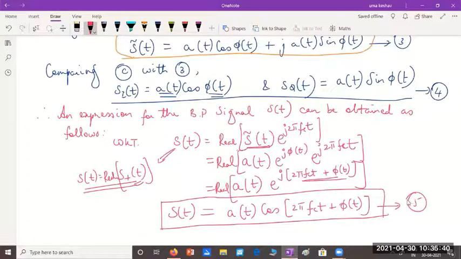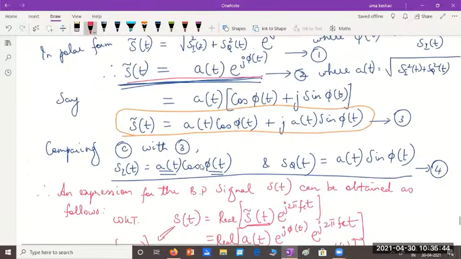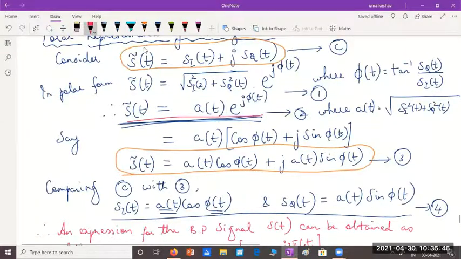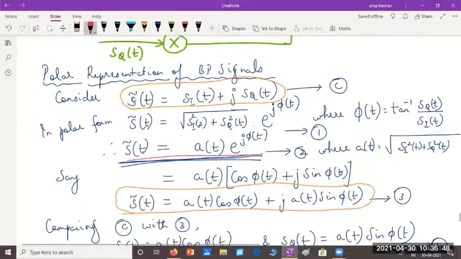Okay. So in this, we did two things, let me say. First, we wrote the complex envelope of the signal and we wrote its polar representation. We represented the complex envelope in the amplitude and phase form, which is called the polar representation, where amplitude is root si square plus sq square and phase is tan inverse sq by si.